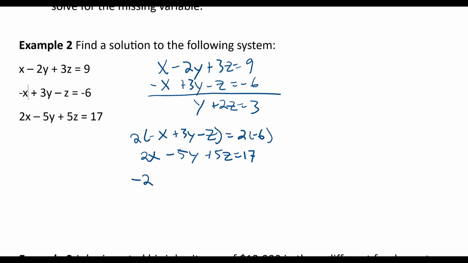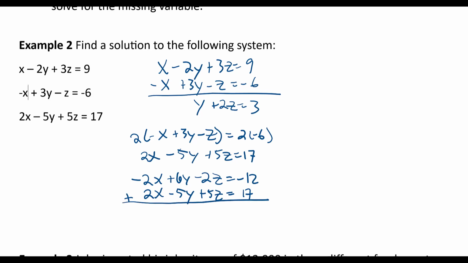I'm going to have negative 2x plus 6y minus 2z equals negative 12. And then 2x minus 5y plus 5z equals 17. If I add these together, I can eliminate the x. So negative 2x and 2x is nothing. 6y minus 5y is y. Negative 2z and 5z is 3z. And negative 12 plus 17 is 5.